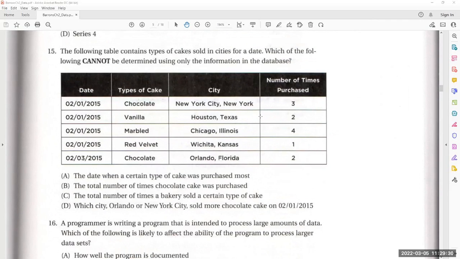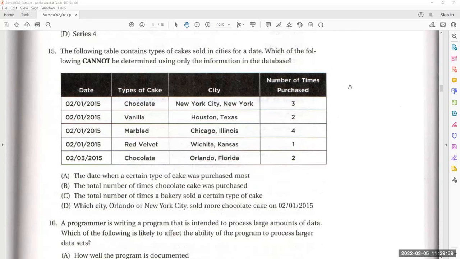Okay, number 15. Let me have the next one. Sunny, please. Sunny Yen. Number 15. Okay, this is again a problem of which one cannot be determined.